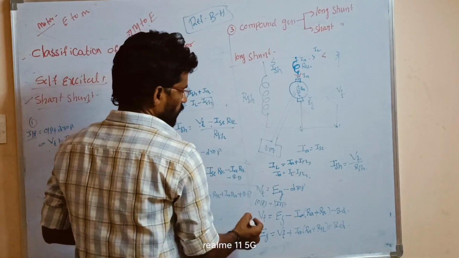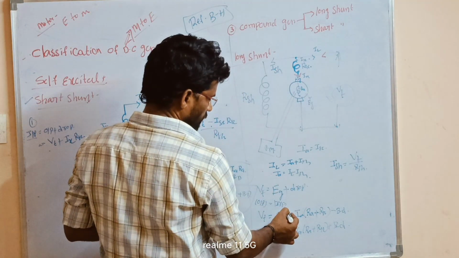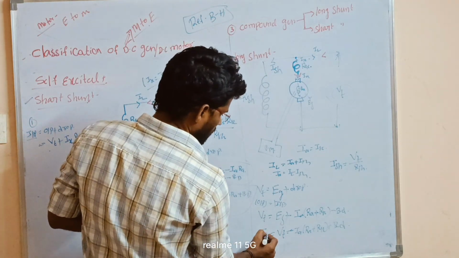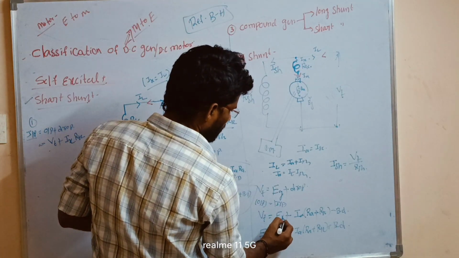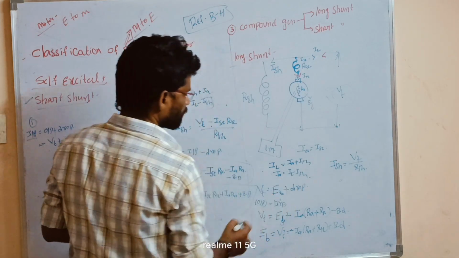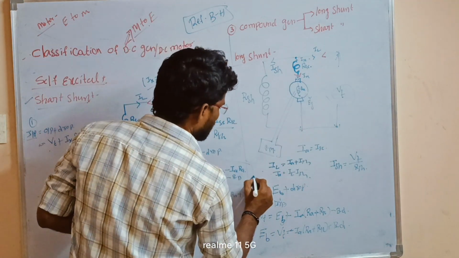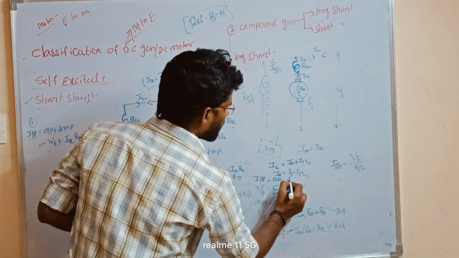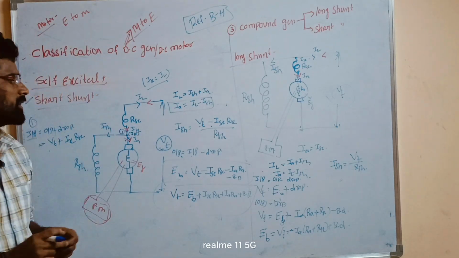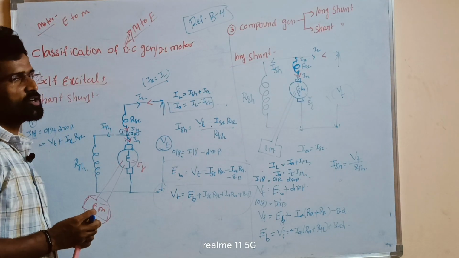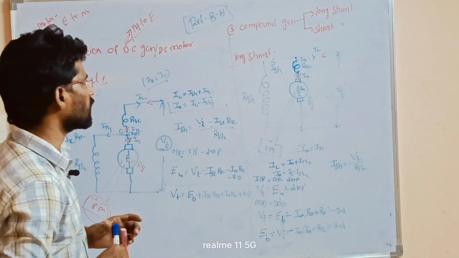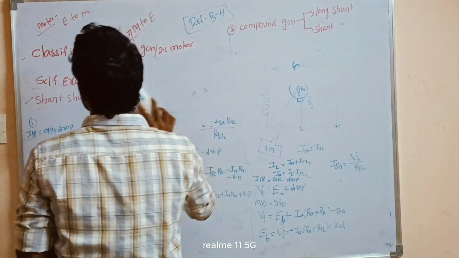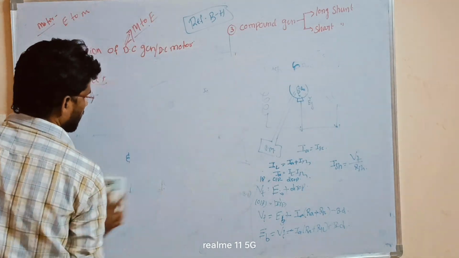For the input we put plus, and here we put minus, that is for the back EMF. So input is equal to output minus drop. This is nothing but the long shunt generator. Similarly we can follow the series generator and shunt generator.